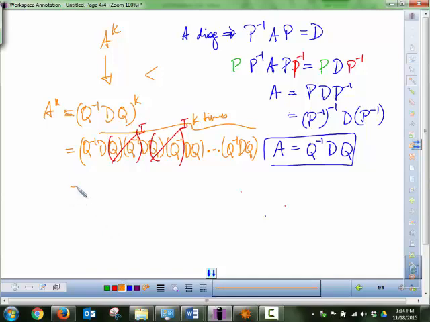So I'm not going to completely get rid of them. I think I still have one Q left on one side, the inverse, and then I have D a bunch of times. Why don't I just call it D to the K power, and then one final Q at the very end.